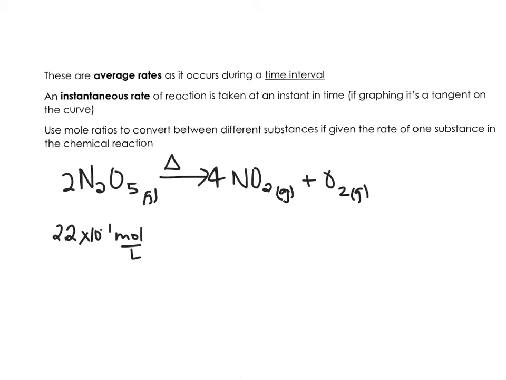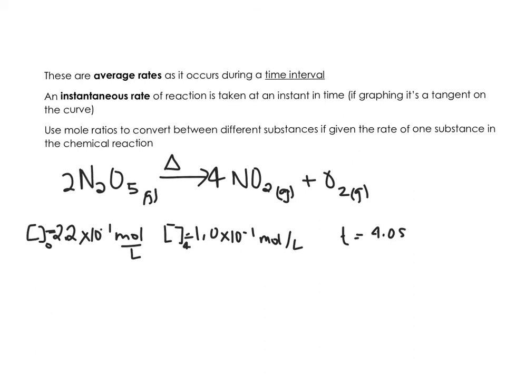And at 4 seconds, we have 1.0 times 10 to the negative 1 moles per liter. So time was 4 seconds. This was initial, and this was after 4 seconds.